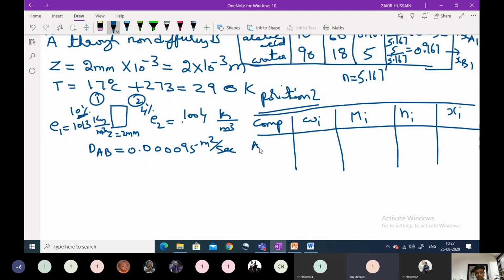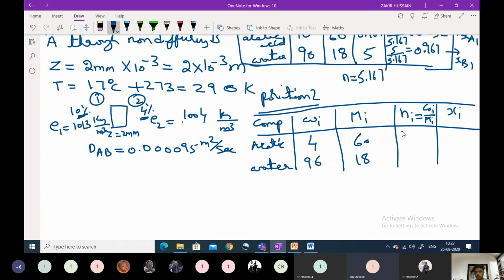Same components: acetic acid, next one water. The weights are, this is 4%, so this is 4 kg, and the remaining 96 is water. The molecular weight is 60 and this is 18. So Ni is equal to Wi by Mi.